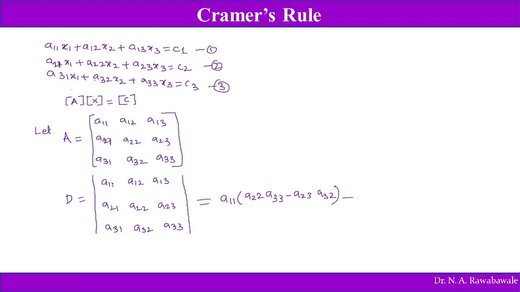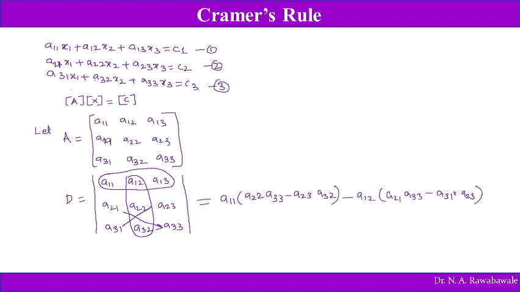Taking minus a12, this column is eliminated, the first row is eliminated, and the rest of the coefficients are multiplied: a21 into a33 minus a31 into a23.